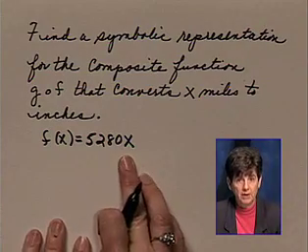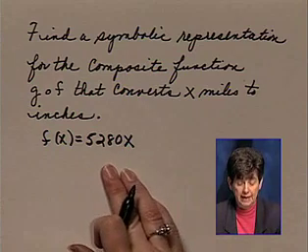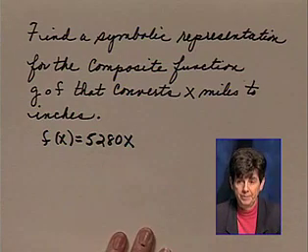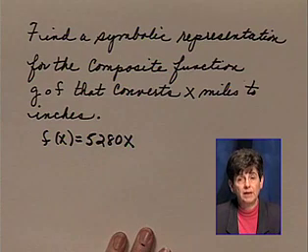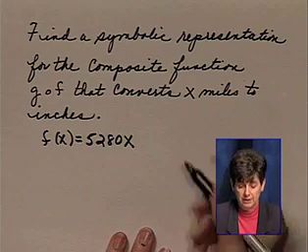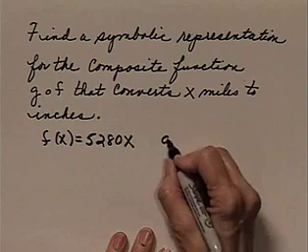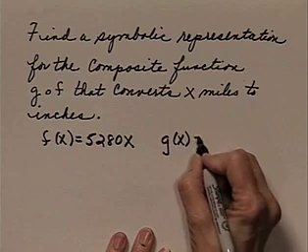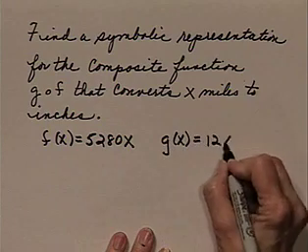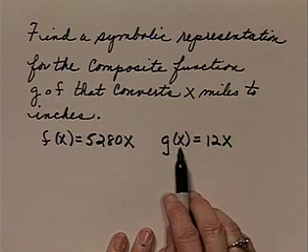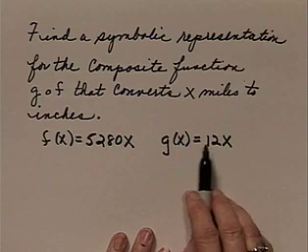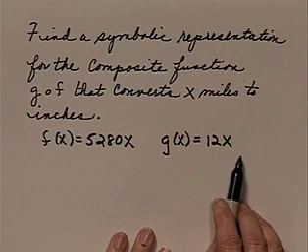And we do this because we know there are 5,280 feet in a mile. Now, if we have a number in feet, we can convert that to inches by multiplying by 12. So let's write g of x equals 12x, converting an input, which is in feet, by 12 to give us the number of inches.